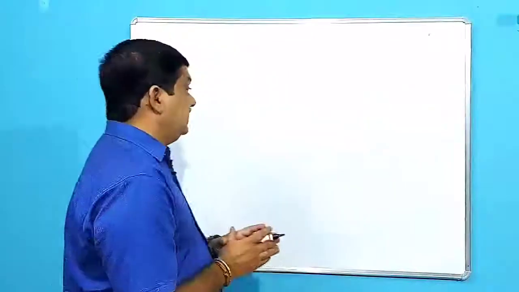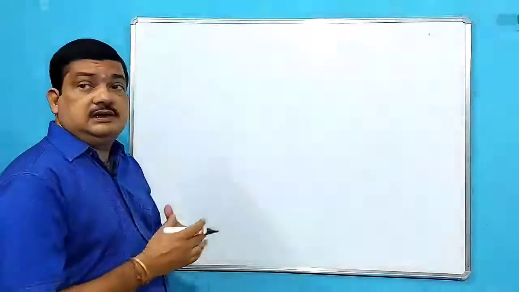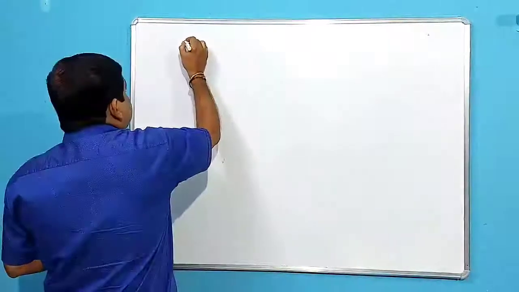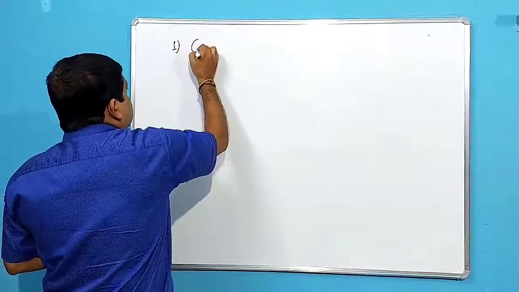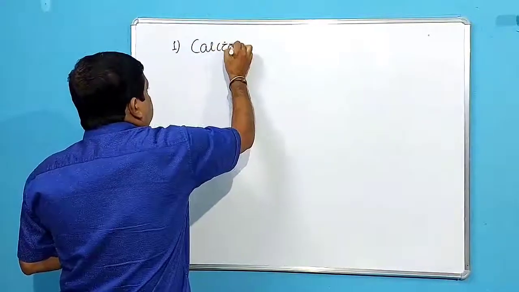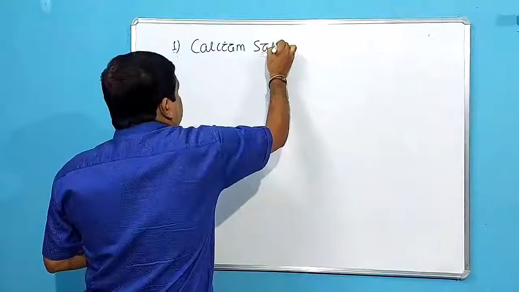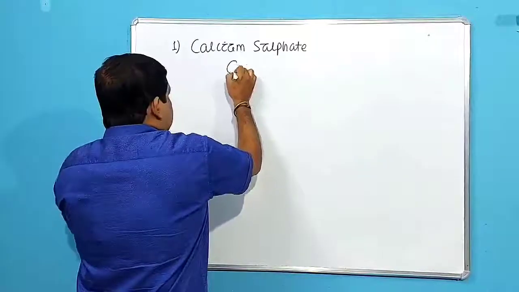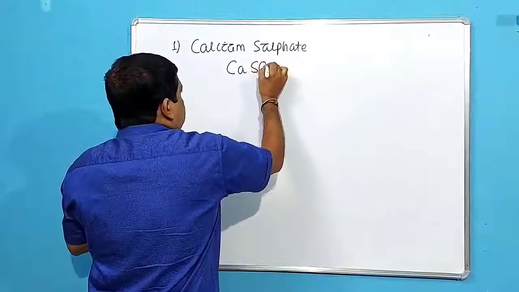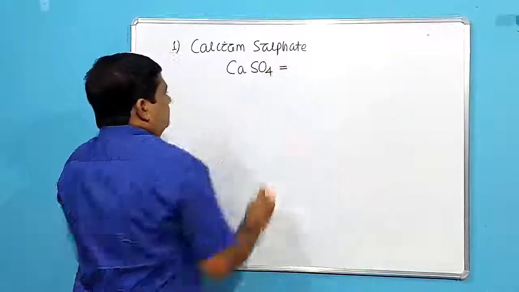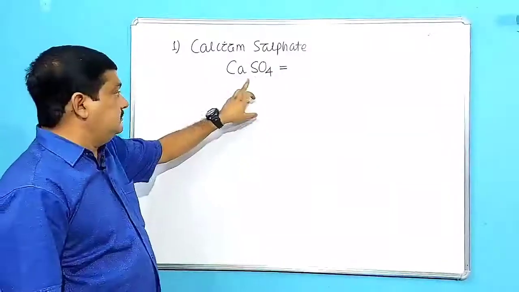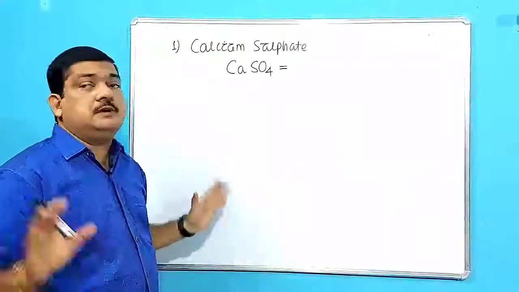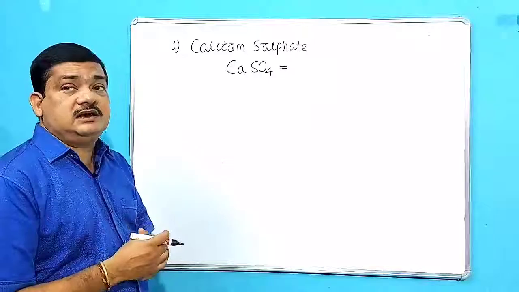Okay. Next, in the last class I gave you three molecules to calculate the molecular mass of. The first one was calcium sulfate. Formula will be CaSO4. Okay. Look, there is 1 atom of calcium, 1 atom of sulfur, and 4 atoms of oxygen. So simply you have to find out and add the atomic mass of these.